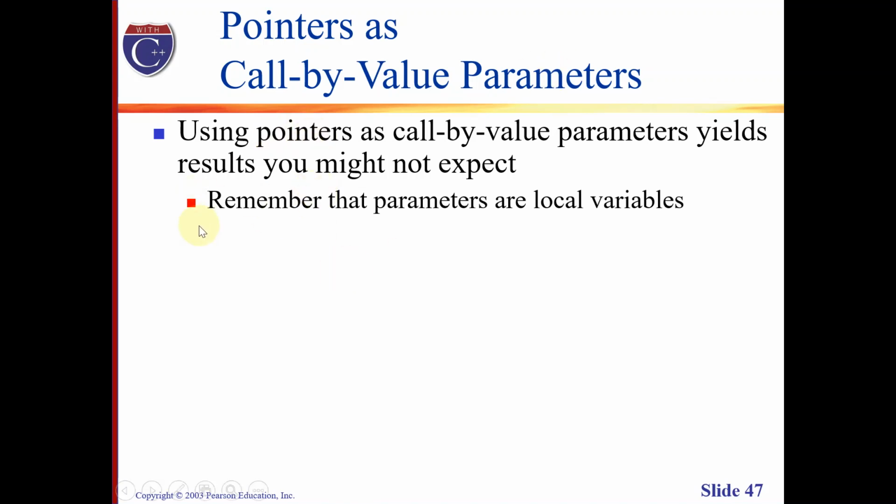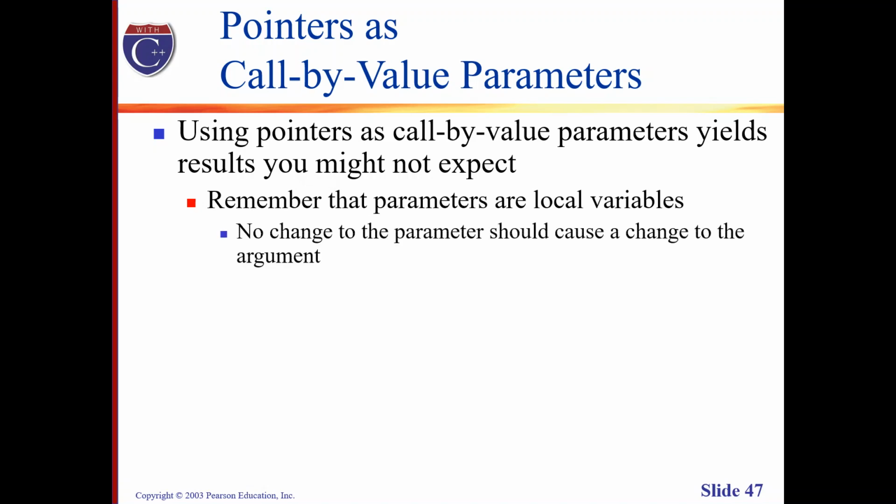We must remember that parameters are local variables. Hence, their existence is only expected to be within the function to which they belong. No change to the parameter should cause a change to the argument. But of course, in the case of pointer variables, that could be a different scenario.